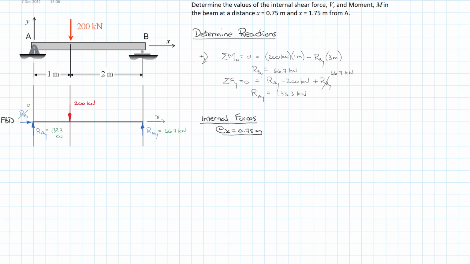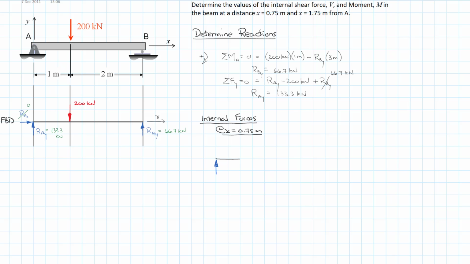And to do this, what I want to do is to get in the habit of drawing a partial free body diagram. So I'm just going to set it up down here, and like the free body diagram, add reactions, applied forces, and internal forces.